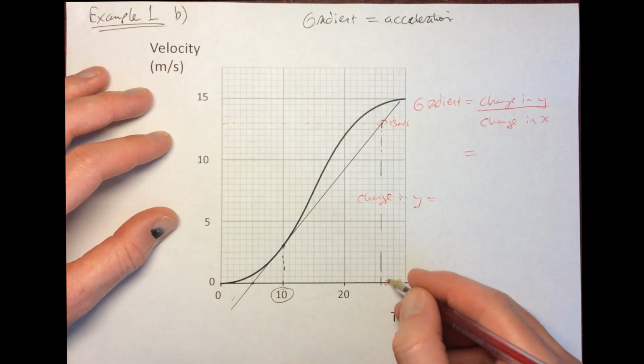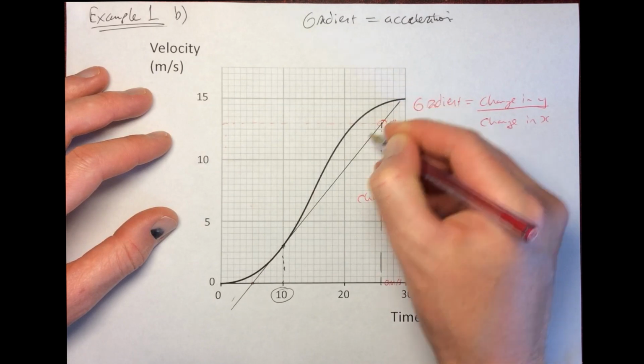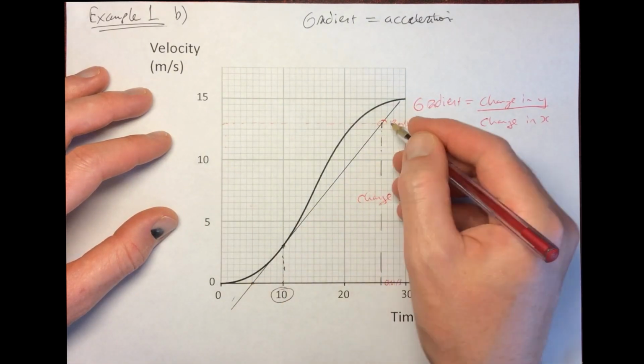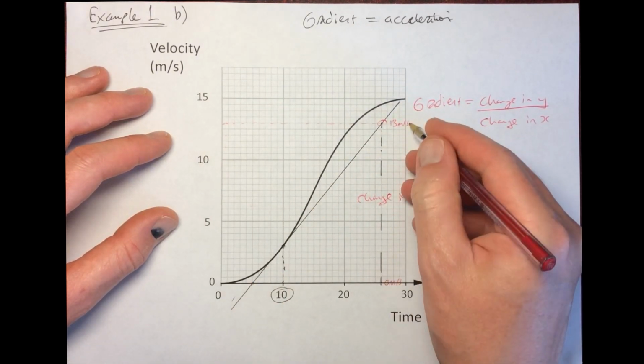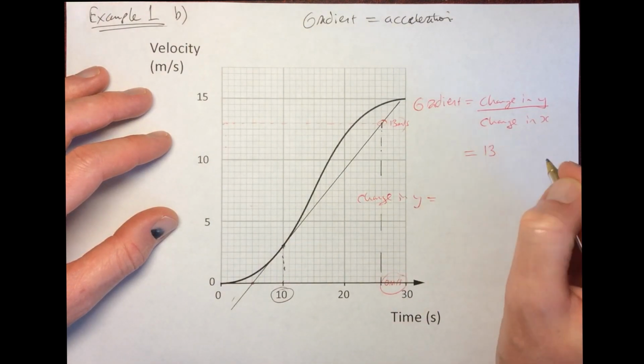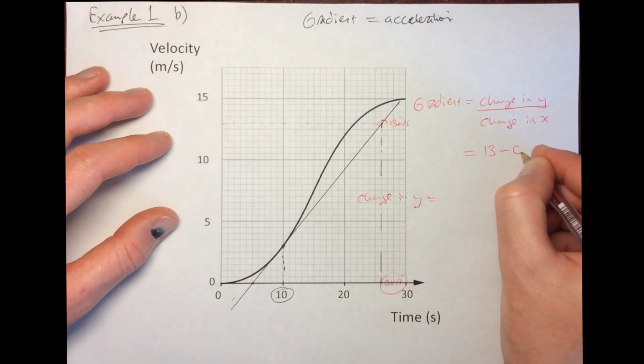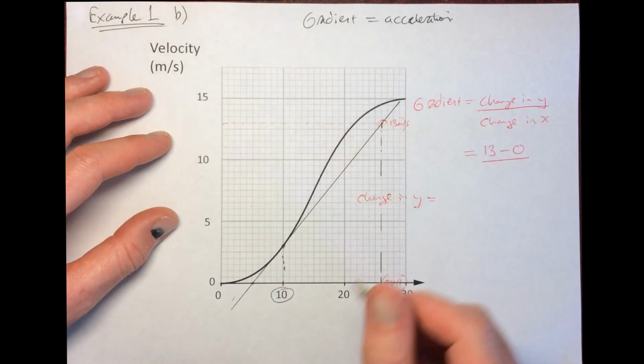So the change in y, from the initial point up to the final point, is 13 meters per second minus 0 meters per second. It's your final velocity, take away your initial velocity. That's the change in y.